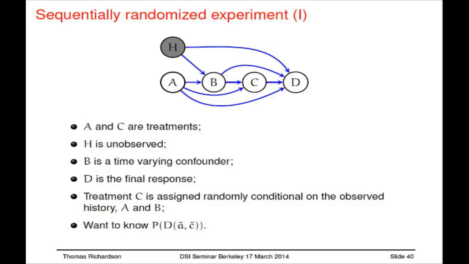The kind of situation you worry about is the one where this edge is not present, and patients come in, and A is totally ineffective, but it does make people suffer these nasty side effects, and the people that suffer nasty side effects then get some good stuff that is not just good for the side effects, but also for the final outcome D. If you were one of these patients, you might say, couldn't we cut out that whole bit at the beginning where you gave me the totally useless stuff that made me have side effects that then led to me getting an increased probability of getting the good stuff? So what we'd like to know is the experiment where both A and C were completely randomized, so where we didn't have these edges from B and A into C.